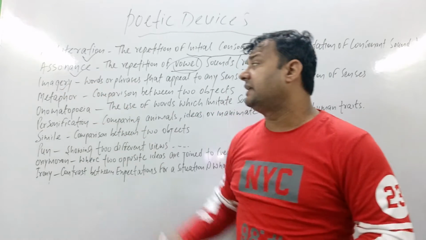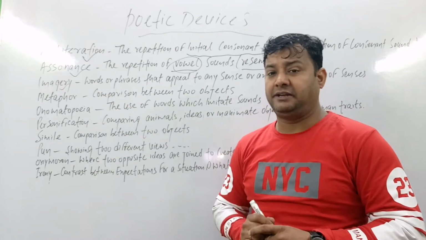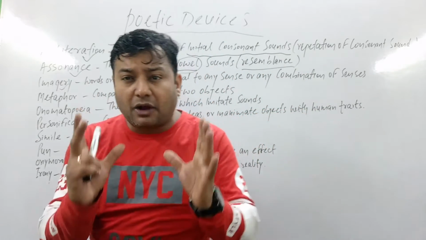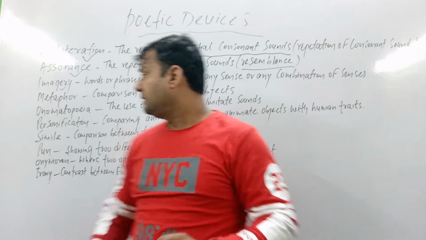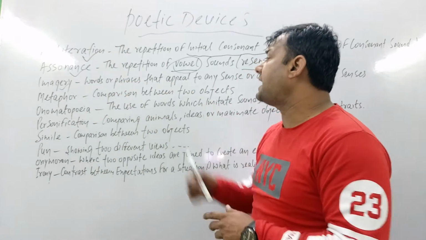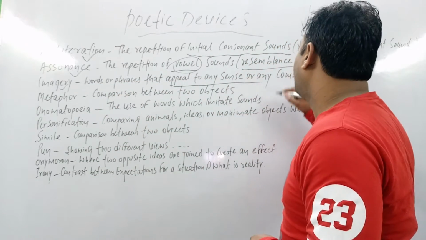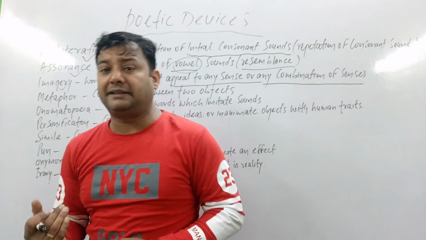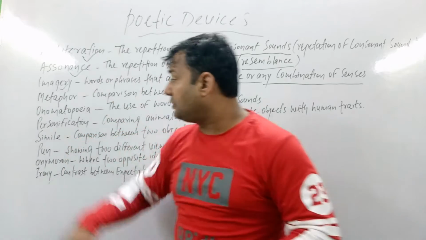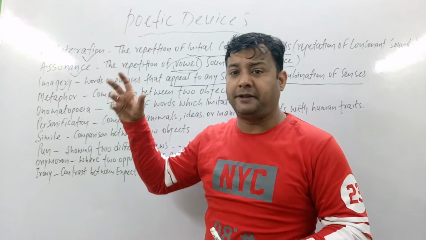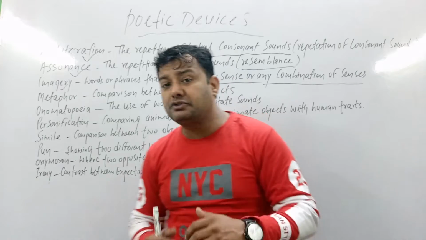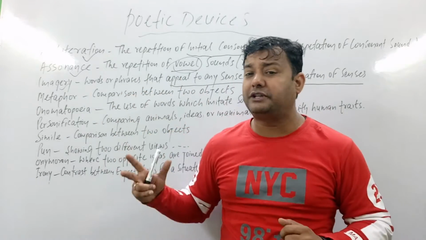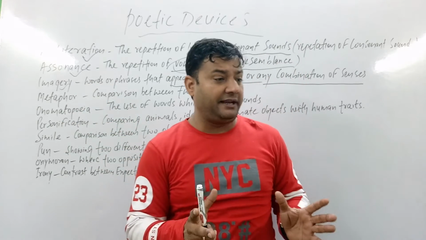And then jump up to the next one, imagery. So what is imagery? क्या है, पोएट्री में कहाँ use होती है and how can we really check out that it is imagery? Here the words or the phrases that appeal to any sense or any combination of senses, जो किसी सेंस को अपील करती. Those who are studying English honors or MA English, and those who have a dream to go for this, they need to work out the imagery.